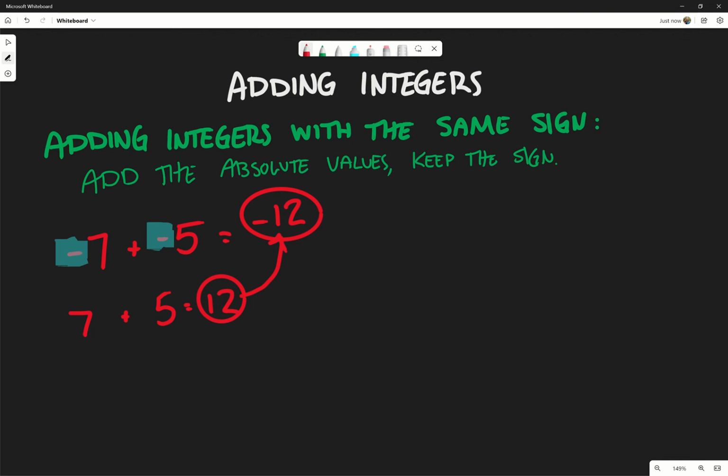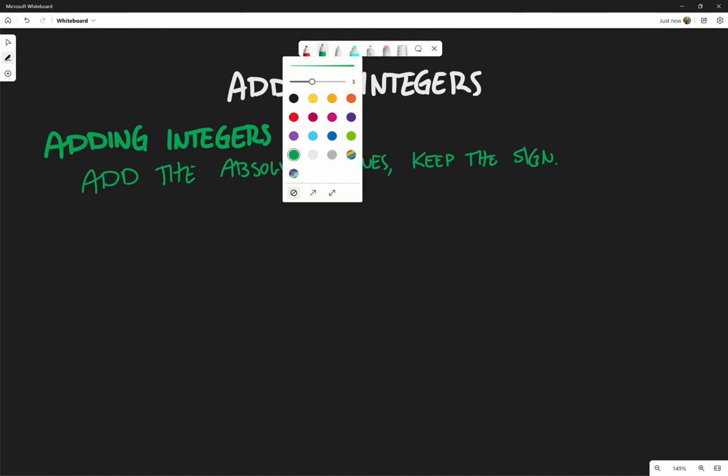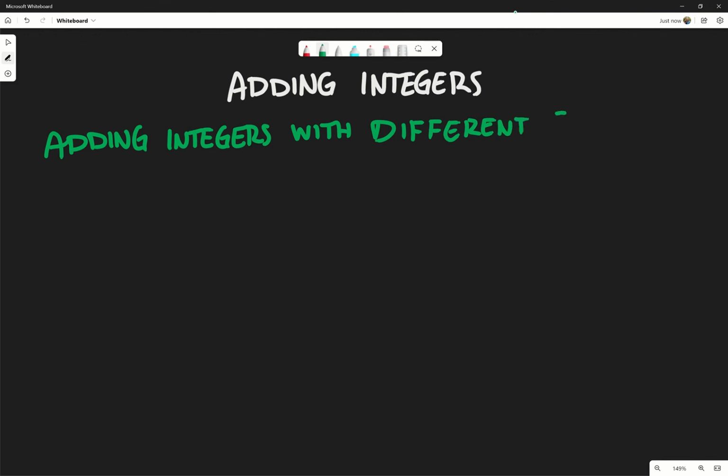The one I want to spend a little more time on is what happens when we are adding integers with different signs. Let me get rid of all this. With different signs. Adding integers with different signs.